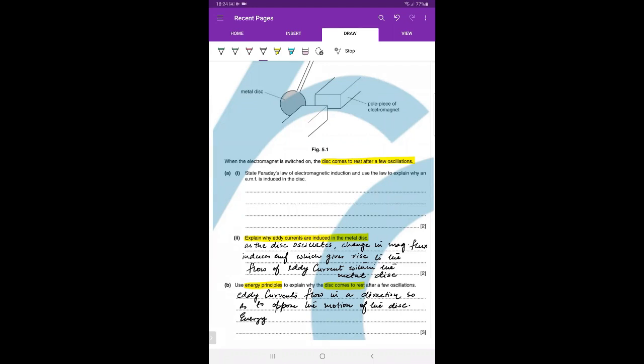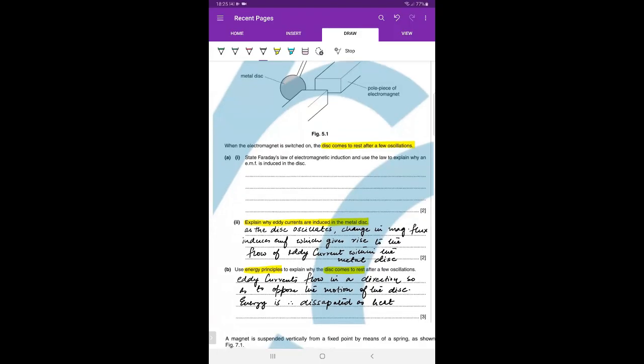Energy is therefore dissipated as heat. Less energy is left for oscillations. Therefore, disk comes to rest.